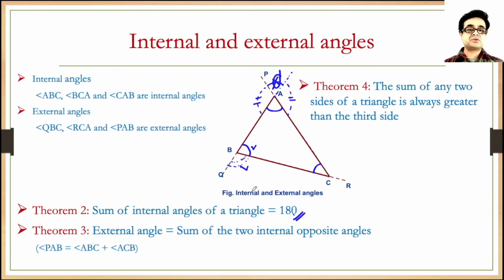And that brings us to our next theorem, which is the external angle theorem. So again, this angle is actually equal to the sum of these two angles. And similarly, this angle, and I'm going to mark it like this, will be equal to the sum of the opposite internal angles. For this, the opposite internal angles would be this guy, and so on.